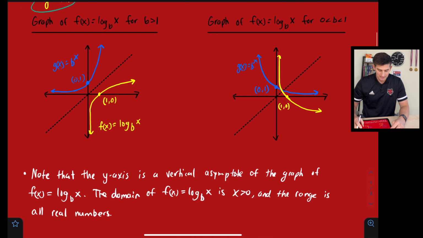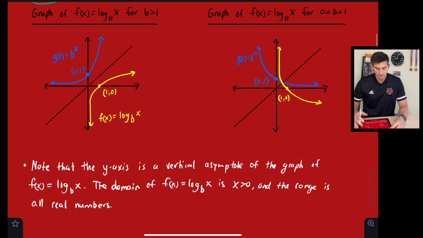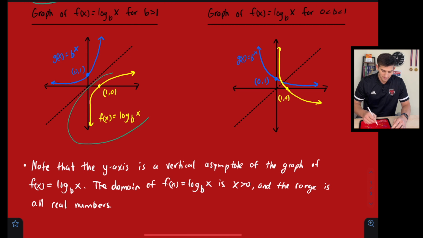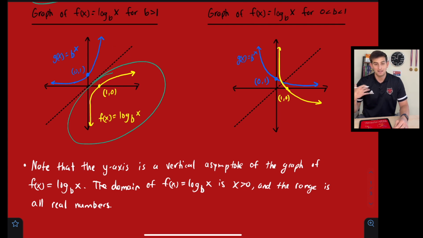If we take a look at these two diagrams, on the left we see when b is greater than 1. So if we have log base b of x, and let's say b is 2, 3, 4, something like that, maybe log base 4 of x, this is what our graph is going to look like. Our yellow graph here is the graph of our log function. When we graph this, we can use the exponential function g of x equals b to the x to give us the log function.